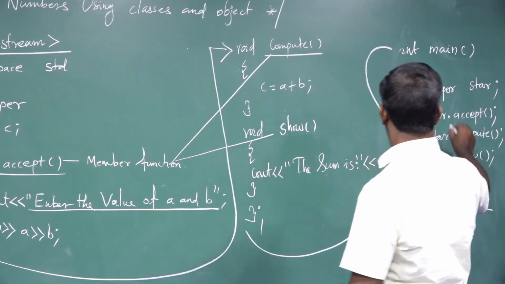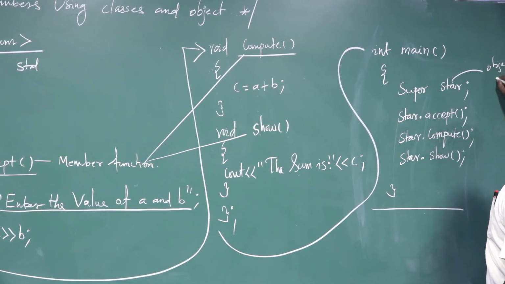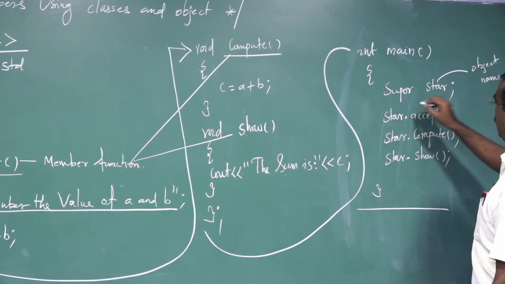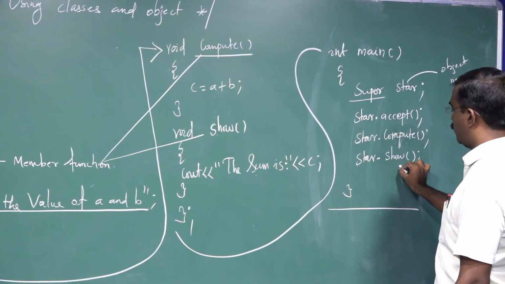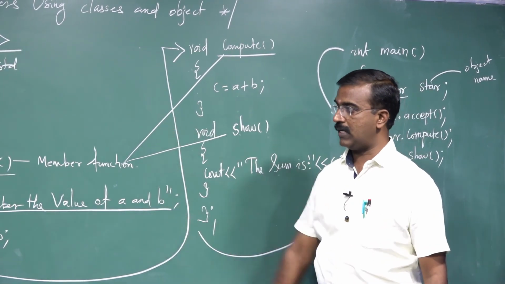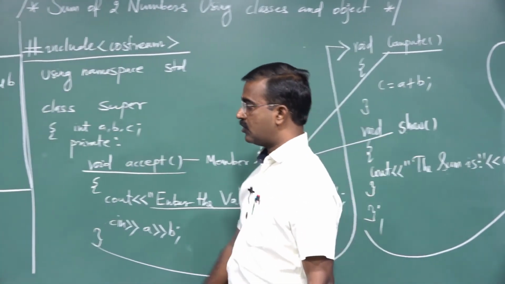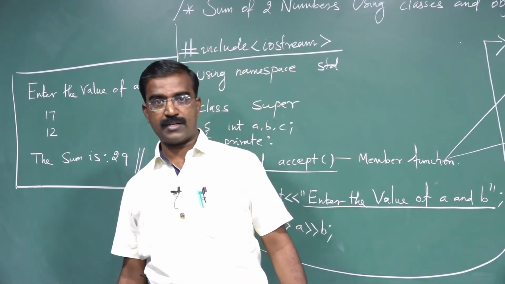Finally, star is the object name, and super is the class name. Star.accept, star.compute, star.show, close. Enter the value of A and B: 17, 12. The sum is 29. I think, my dear children, you can understand clearly.